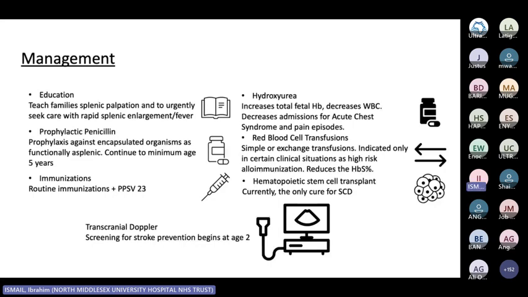Hydroxyurea is something we've been introducing to all our patients as well, which decreases white blood cells and increases total fetal Hb. Red blood cell transfusion is a common practice if there are any higher levels in screening.